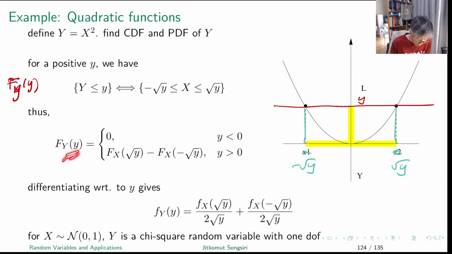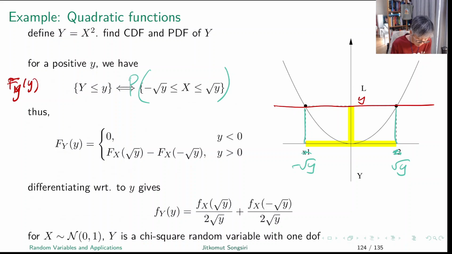My CDF of y would always be 0 if y is negative, because that's not going to happen for sure. My CDF in y at small y is going to be the probability of X lying between left and right.